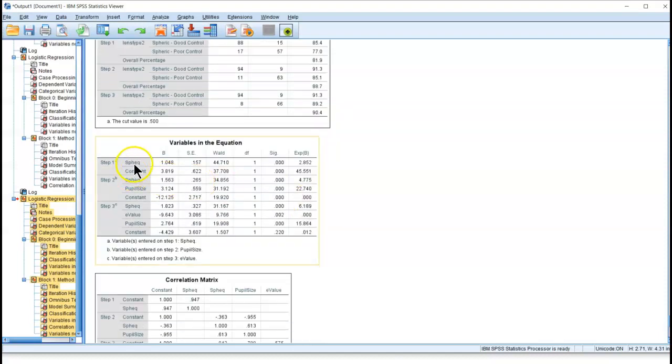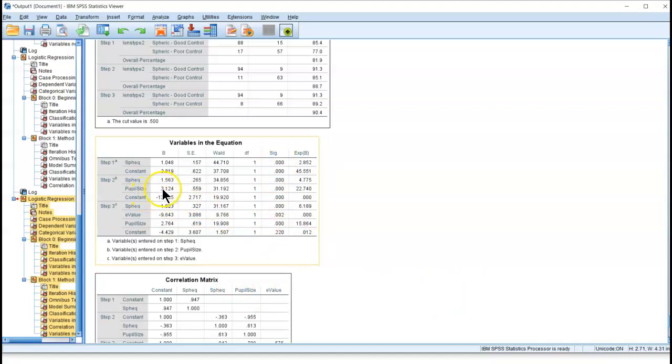The variables in the equation: step 1 is spherical equivalent. Took that out, then looked to see what came next, and pupil size popped out next. This happens to correspond to the step 0 table, but it didn't have to. And then we come up with spherical equivalent, E value, and pupil size. So we added eccentricity at the end. Notice they're all significant, and then it kind of stopped.